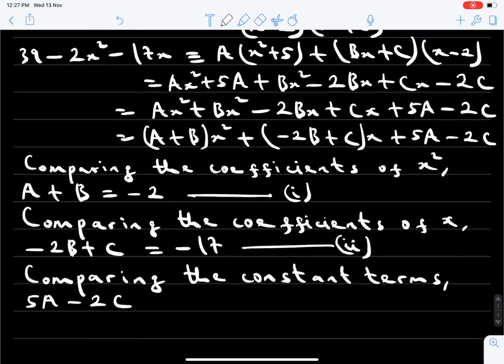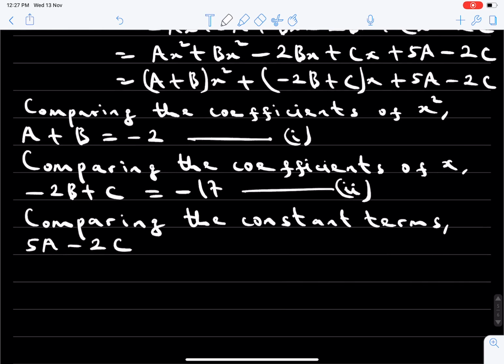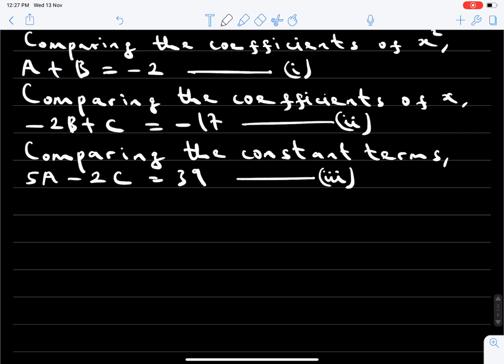And on the left hand side it is 39. So that means 5a minus 2c is equivalent to 39. That's equation 3.